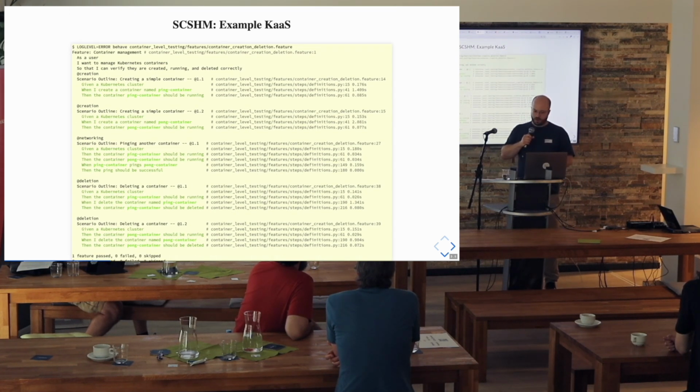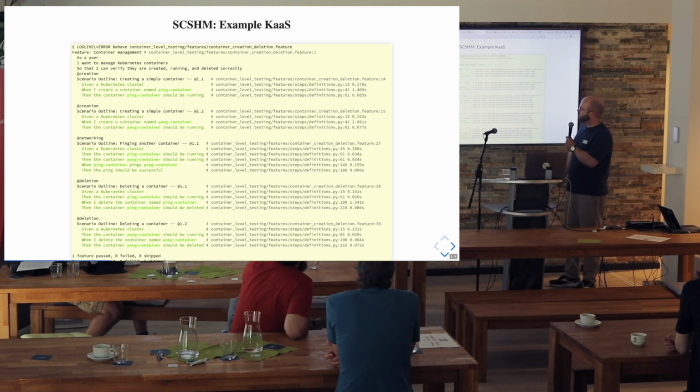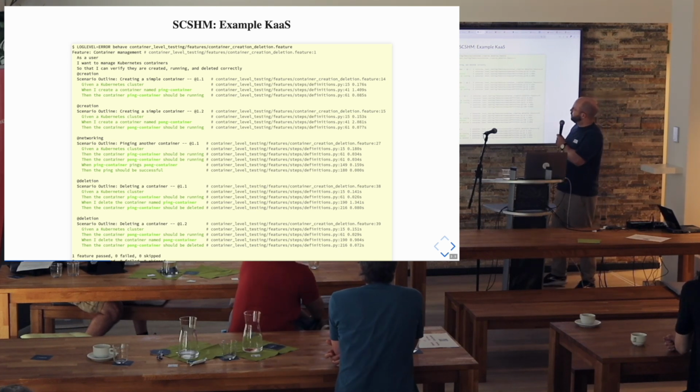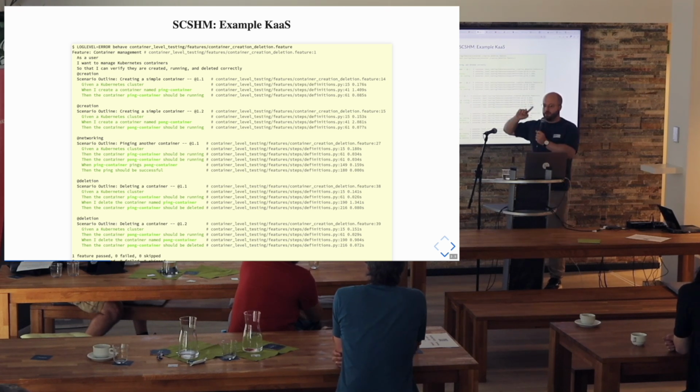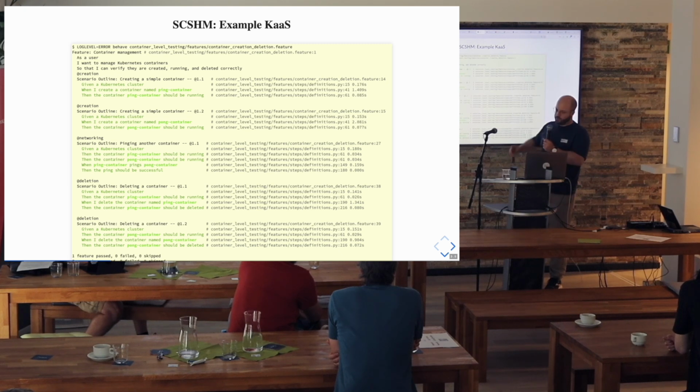And as an example for CARS, which is pretty freshly implemented, this is a test case we wrote to create pods in Kubernetes. What it does is it creates 2 pods, pings between the pods, and deletes the pods, and it passed through.